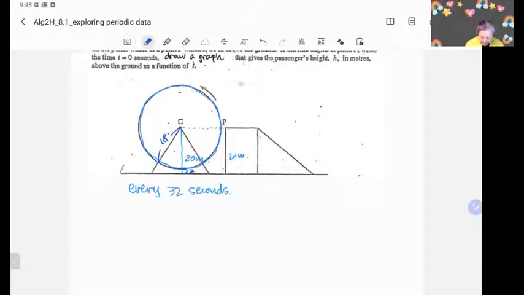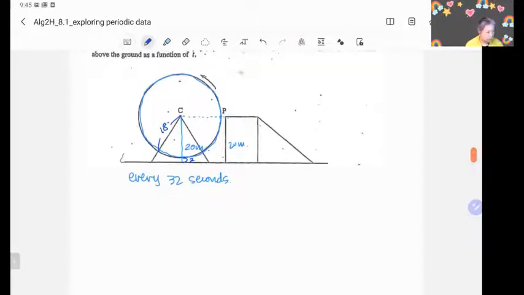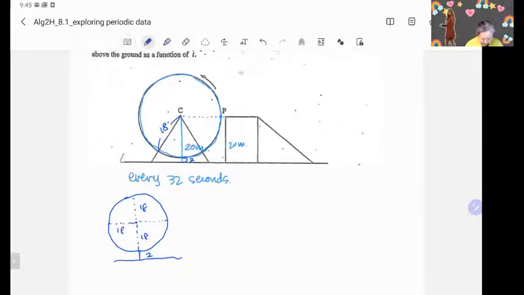So technically, the wheel itself, in the center, this is 18, which means from the ground this is 2. Then this is 18, this is 18, and this is the center, right? So from here to there is 20, right?